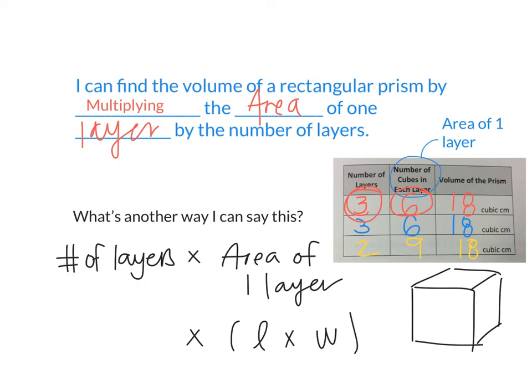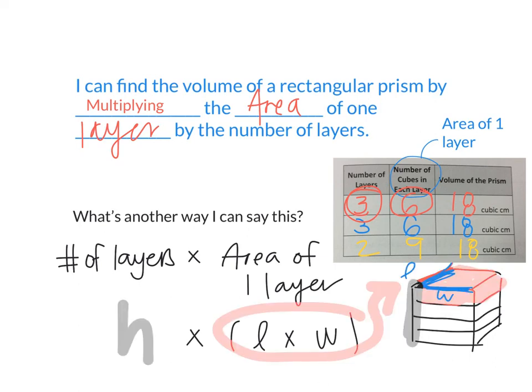Okay, so it's the height times the length times the width, which will find you the volume. This drawing here shows why another way we can find the volume is to take the area, which I highlighted in red, right? The area of one layer, which is the length times the width, and I multiply it by the number of layers, which is the height.